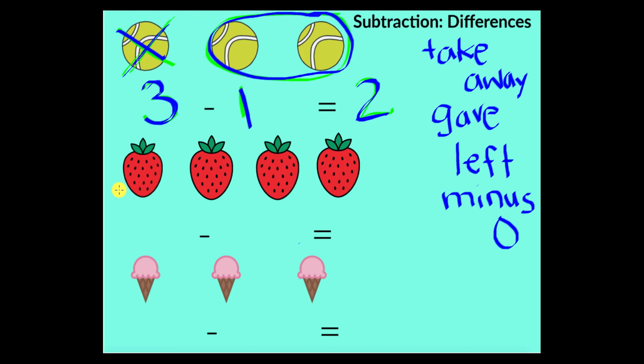Dolly was so nice to Sophia, and she gave away 2 of her strawberries. So we know that she had 4 strawberries. Go ahead and write that 4. And her friend, Sophia, came over and asked for how many? That's right. You guys are so awesome. 2. She came over and asked for 2. So that means that we have to take away 2 strawberries, because she gave them to her friend, Sophia, 2.